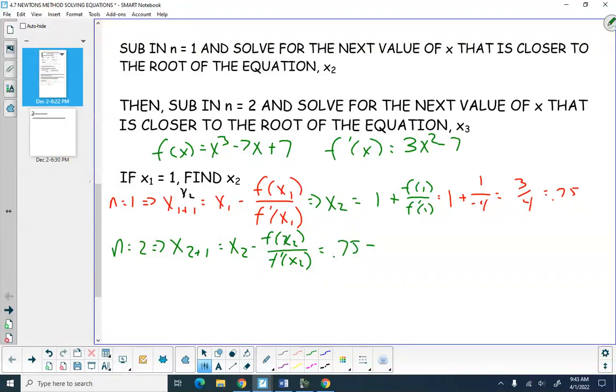I'm sorry, that should be a minus there, shouldn't it? Here we go. I'm sorry. That should be a minus in there, which means this should be a minus here. So we should come down to 1.25. There we go.